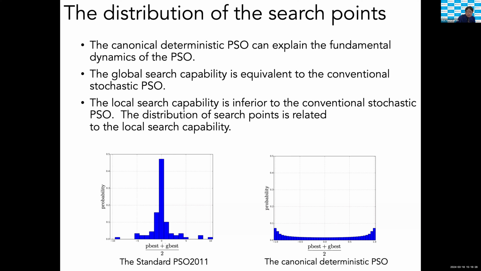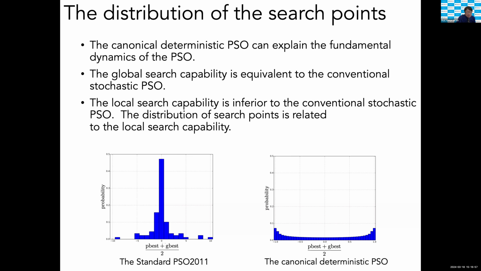The distribution for standard PSO resembles a normal distribution centered around the best position, but the distribution of the search points in the canonical deterministic PSO significantly differs, particularly with a lower probability of searching near the center.